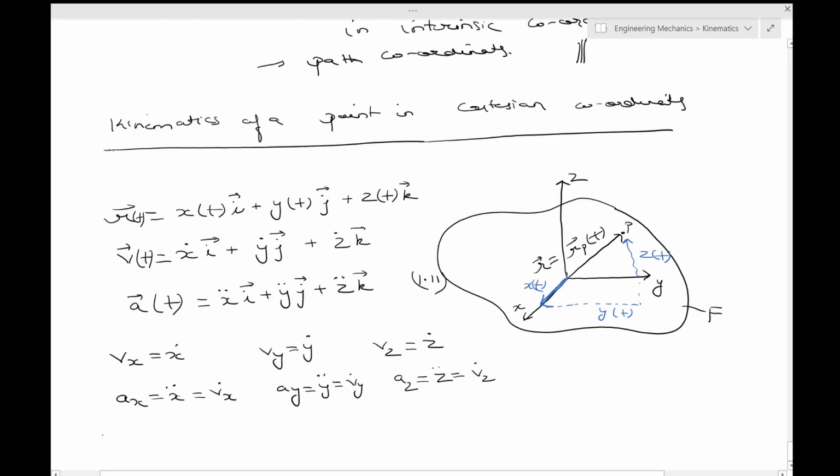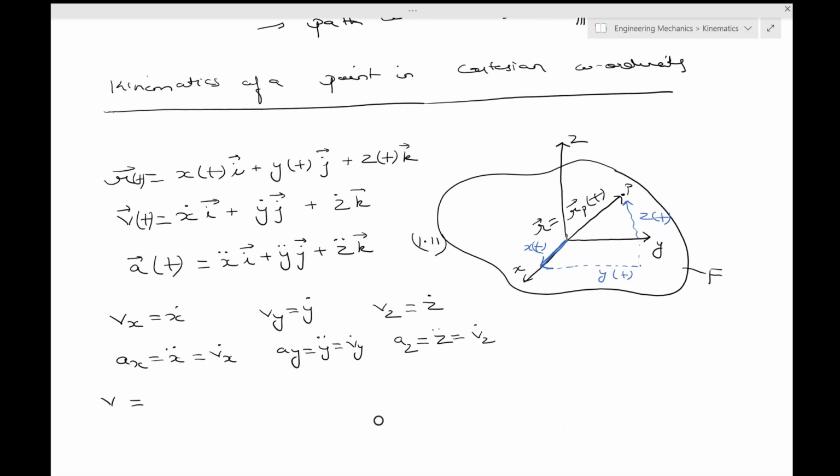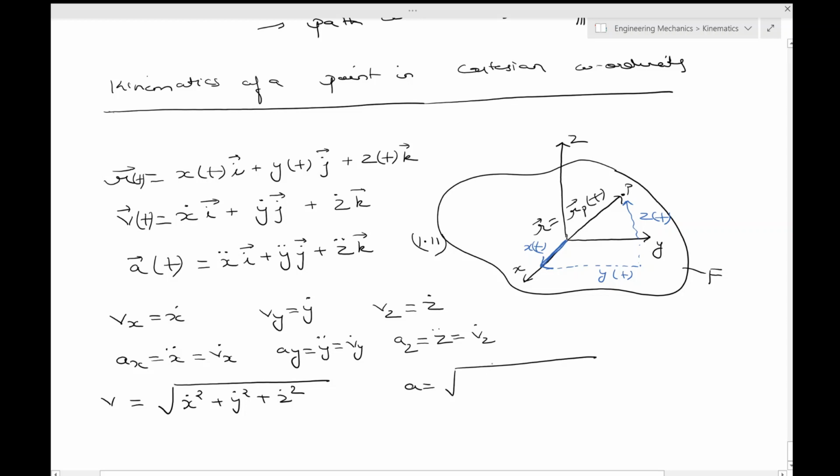and the magnitude of the velocity vector at any given time will be given by vx square plus vy square plus vz square, that's x dot square plus y dot square plus z dot square. Similarly, the magnitude of acceleration is ax square plus ay square plus az square.